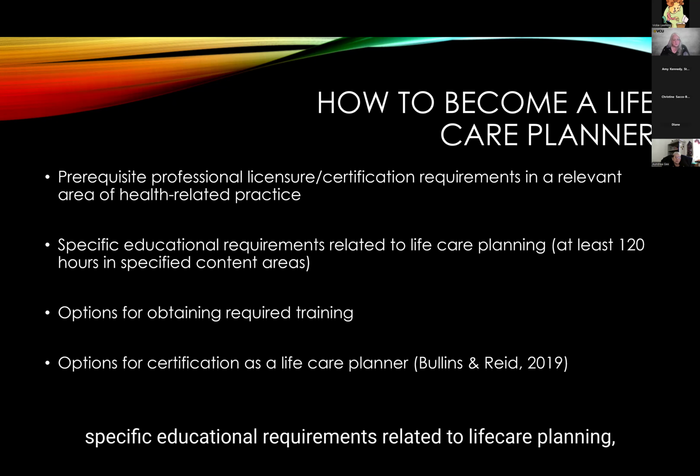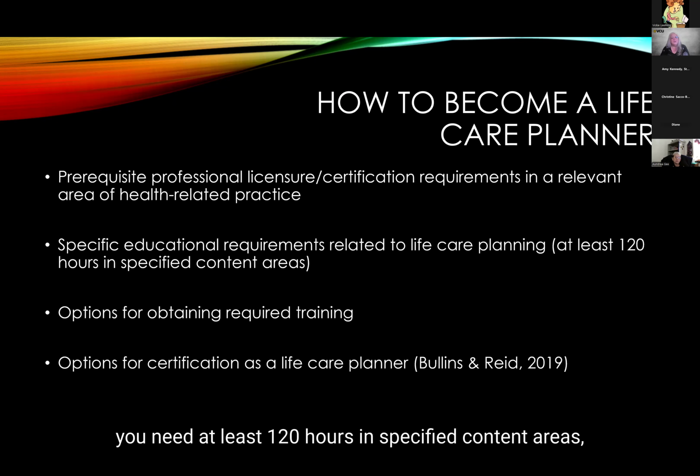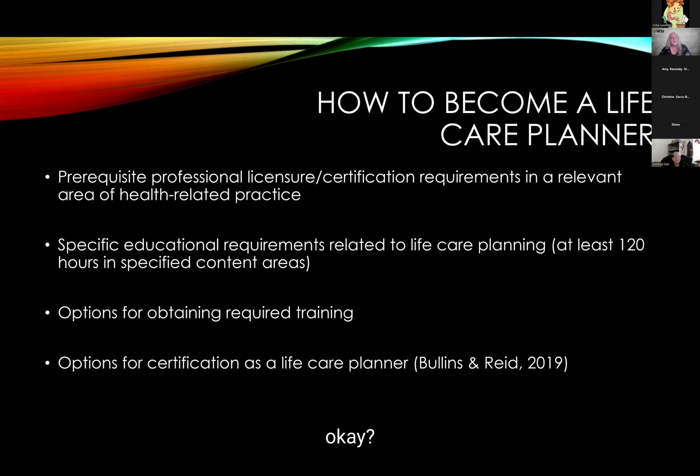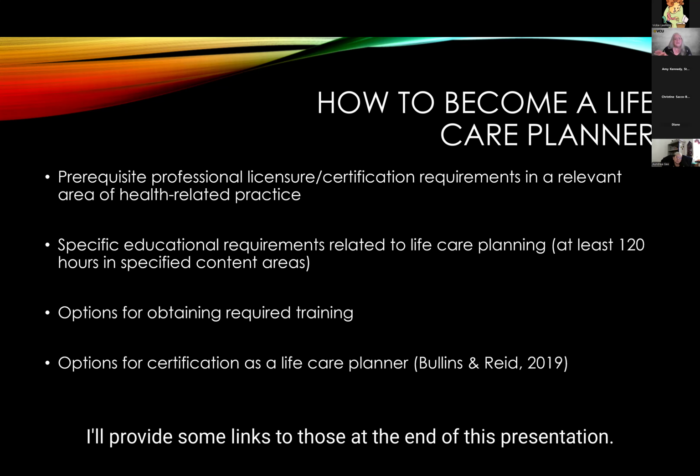There are specific educational requirements related to life care planning. You need at least 120 hours in specified content areas. There are various options for obtaining required training. I'll provide some links to those at the end of this presentation.